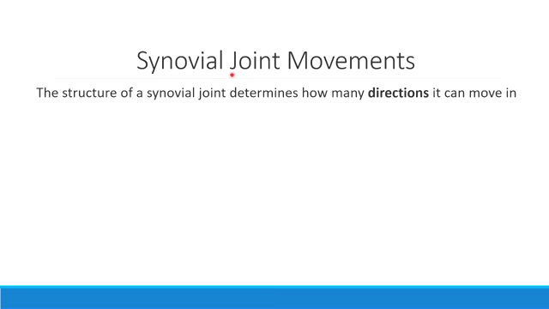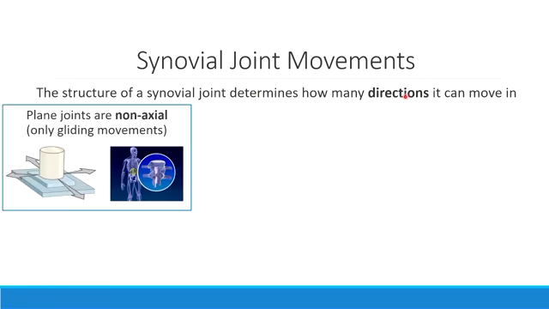What's synovial? Diarthroses, right? Okay, so every single one of my synovials, freely moving. But when we talk about what that freely moving looks like, it's going to be a little bit different based on the number of directions I can move in.